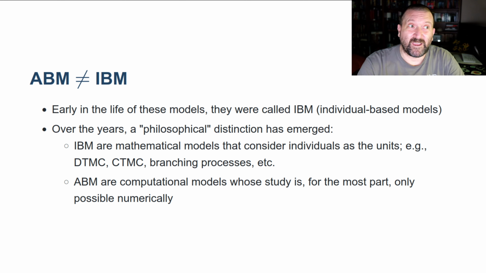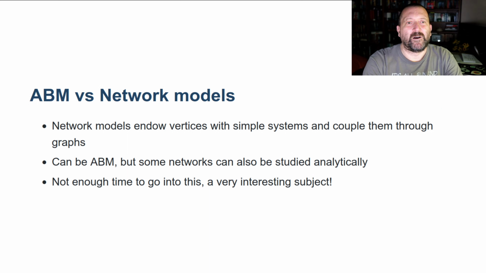But whereas agent-based models are more computational only models. But I have to say that the distinction between the two is not clear, and some ABMs might be IBMs and vice versa. So it sort of depends on the approach and so on.